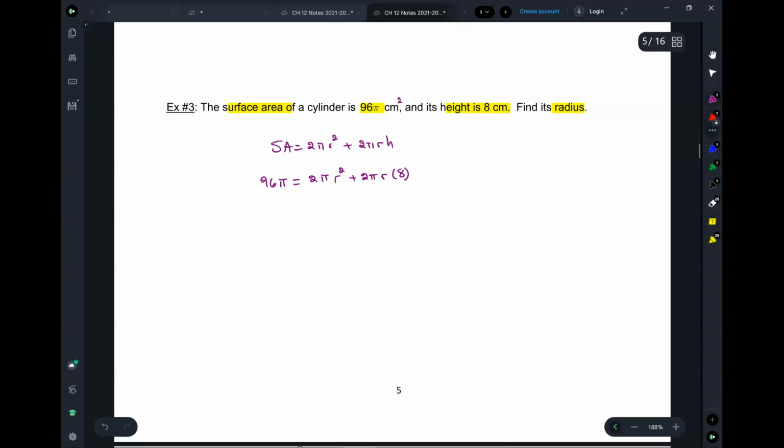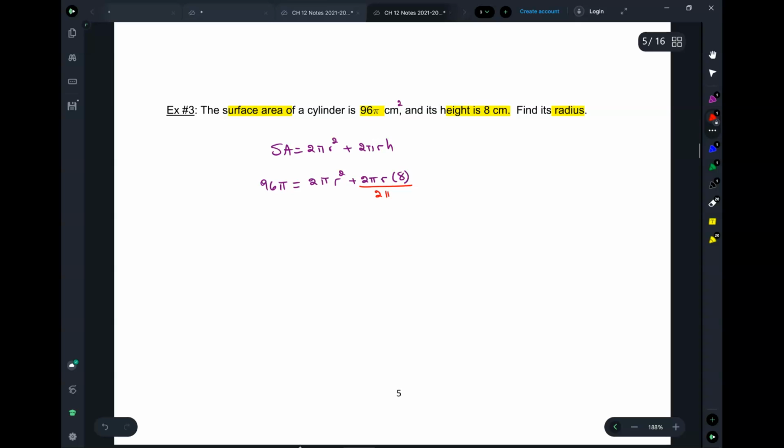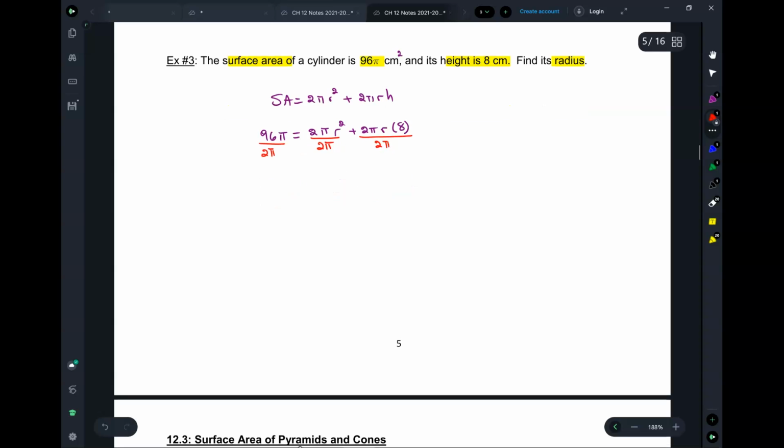Now, take a look at what you can do. There's a 2 pi here, there's a 2 pi here. You can divide each term by 2 pi. Okay, I say you can divide, but what I really mean to say is you need to divide each of those by 2 pi. So these 2 pi's cancel, these 2 pi's cancel.